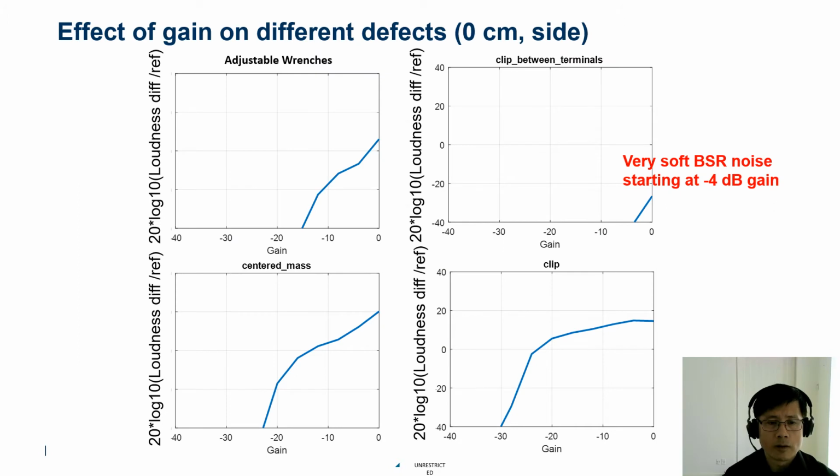This slide shows the effect of excitation level on the calculated metric. Each figure shows the result for each different physical configuration that I explained in the previous slide. It is clear that the higher the level of excitation, the easier it is to detect the BSR event. In most of the conditions, it was quite easy to detect the BSR event even at a relatively low level of excitation. However, for clip between terminals, the conditions were rather challenging.